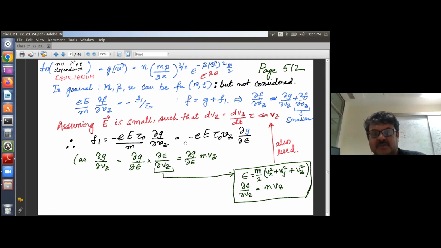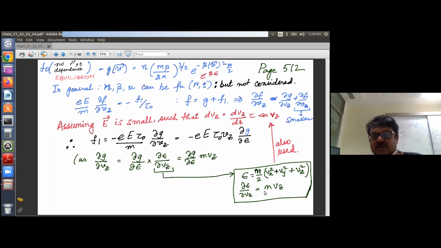So what we are doing here is essentially del g del Vz being written as del g del E into del E del Vz, and when you calculate del E del Vz, that gives m Vz. As a consequence, del g del Vz becomes del g del E into m Vz, and then you have all the other terms sitting here.